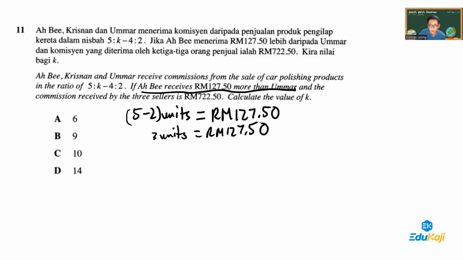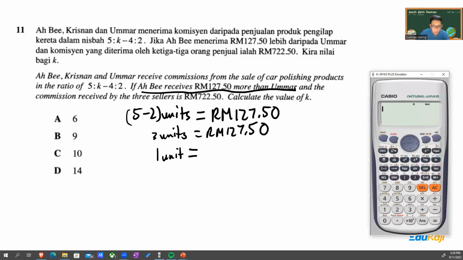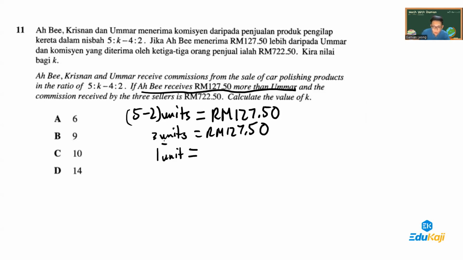Let's find how much 1 unit is. So I divide 127.5 divide 3. To change 3 units to 1 unit, I divide 3. So here also divide 3. I get 42 ringgit 50 cents. Each unit in the ratio is 42 ringgit 50 cents.